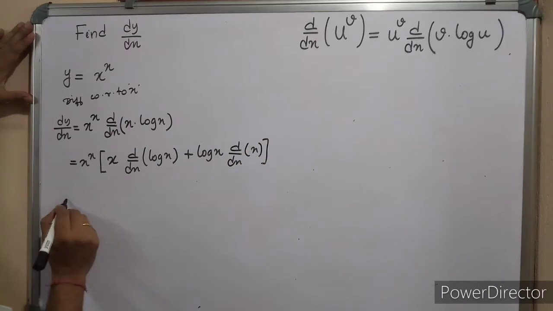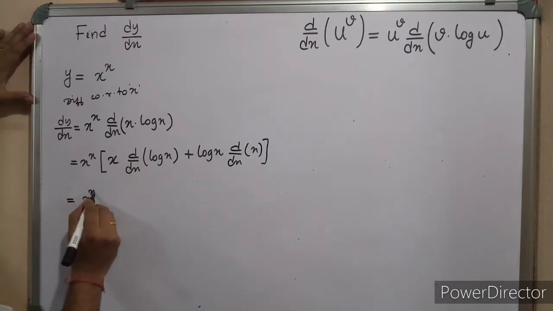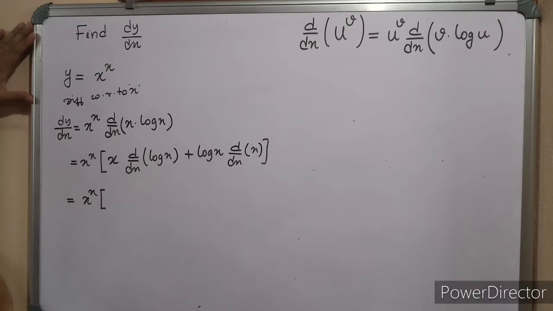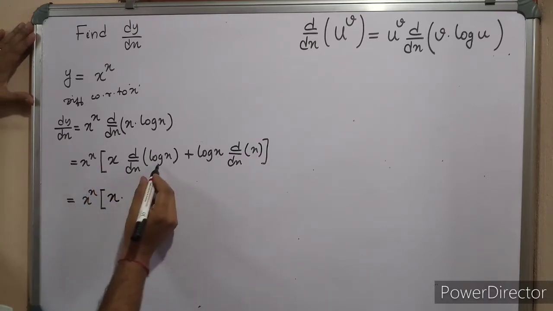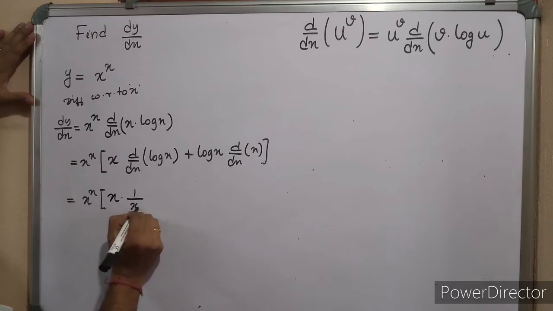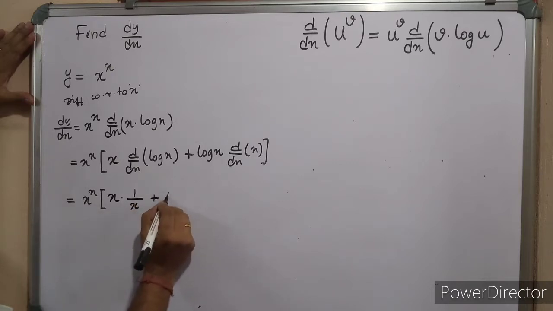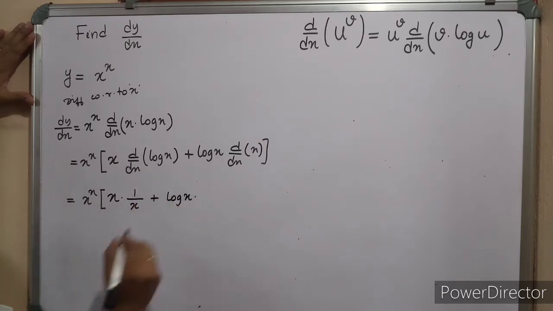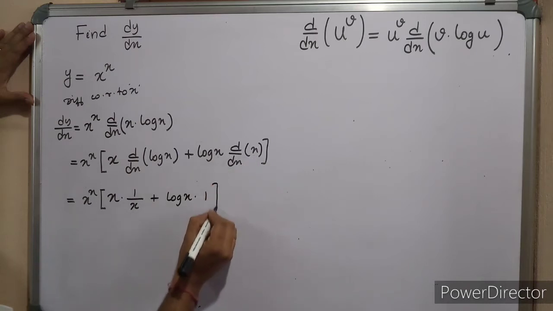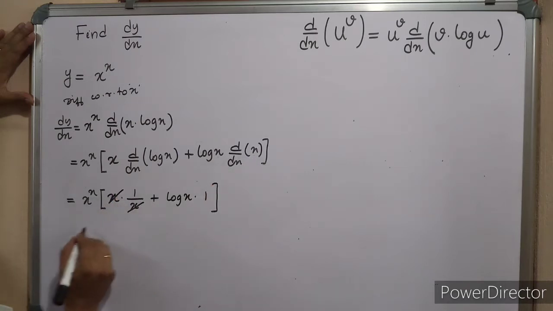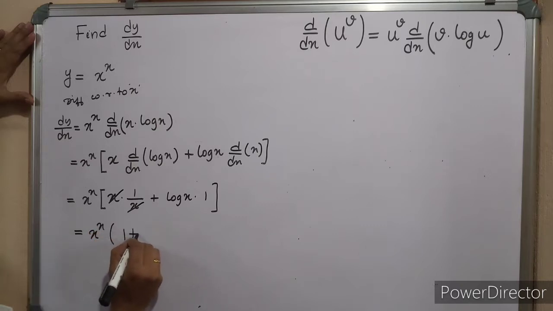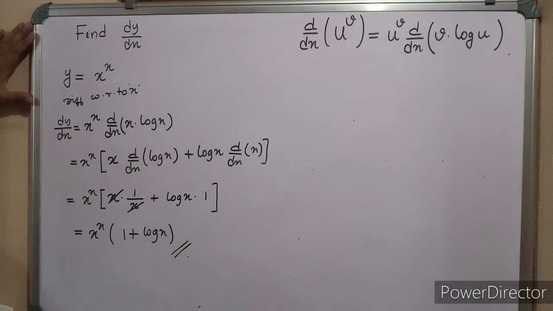Now this is a shortcut method to solve variable to the power variable form. dy/dx of log x is 1 over x plus log x, and derivative of x is 1. These two quantities get cancelled. Now it is x to the power x within bracket 1 plus log x. It's the required answer.